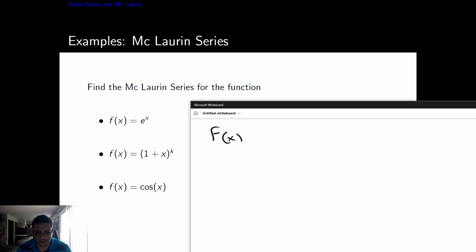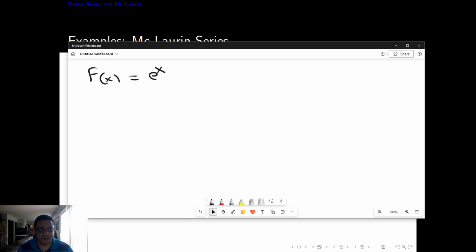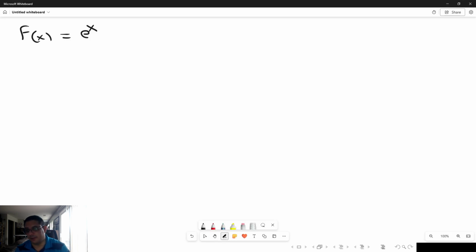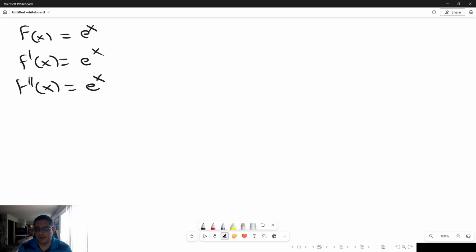So let's consider f of x equals e to the x. Now, e to the x has a particular relationship with derivatives, because they're all going to be the same. So f prime of x is e to the x, f double prime of x is still e to the x, and in general, the n-th derivative of f is going to be e to the x.